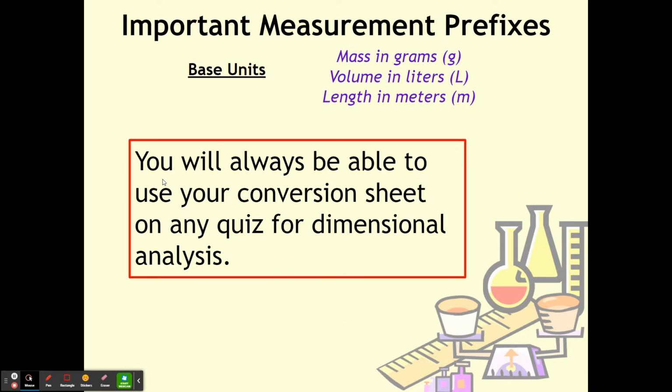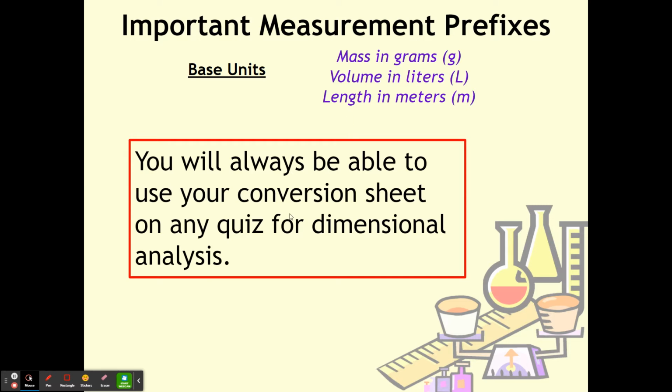There is a conversion sheet attached to this assignment. It is pretty important for you to use during dimensional analysis so that you can reference those common measurements or how to get from one place to another. You'll always be able to use that conversion sheet for a quiz, so make sure you keep track of it.